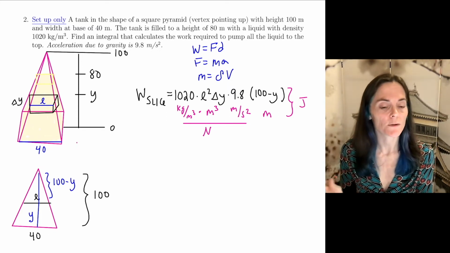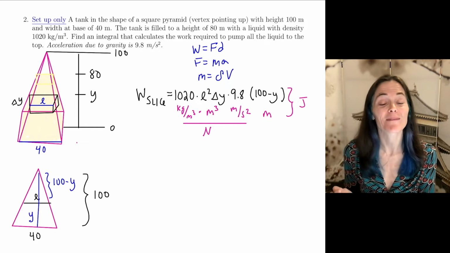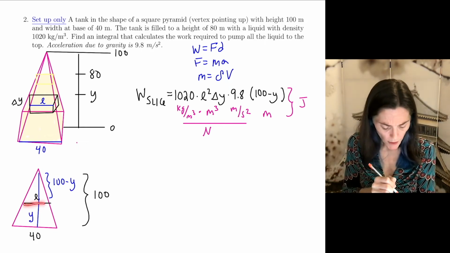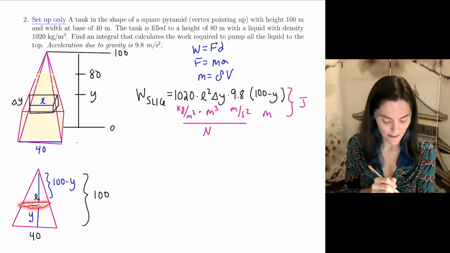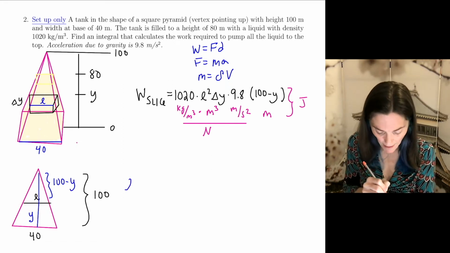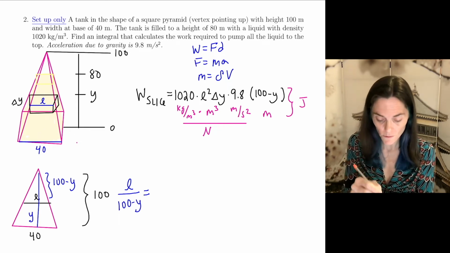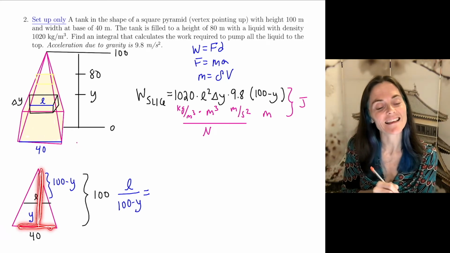Now I'm ready to write down the correct equality of ratios coming from similar triangles. Well, this is the base, and the base divided by this height. So let me write that down. L divided by the height, 100 minus y, would be equal to this base divided by this height.